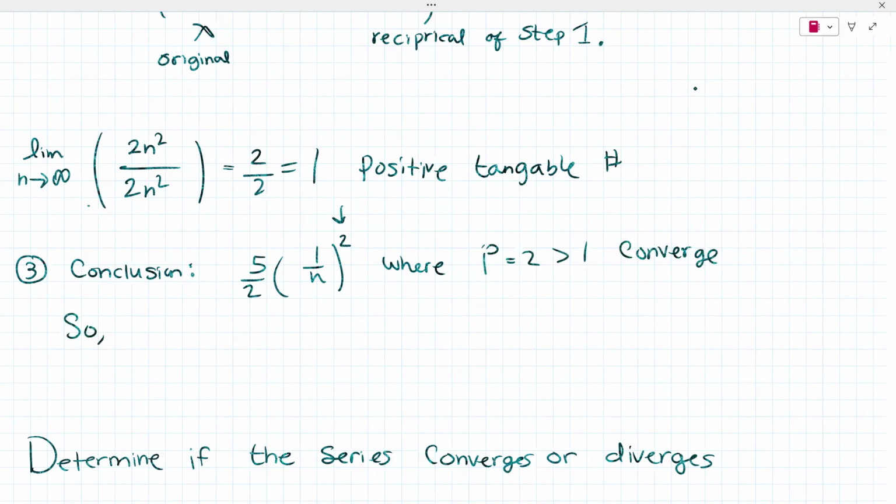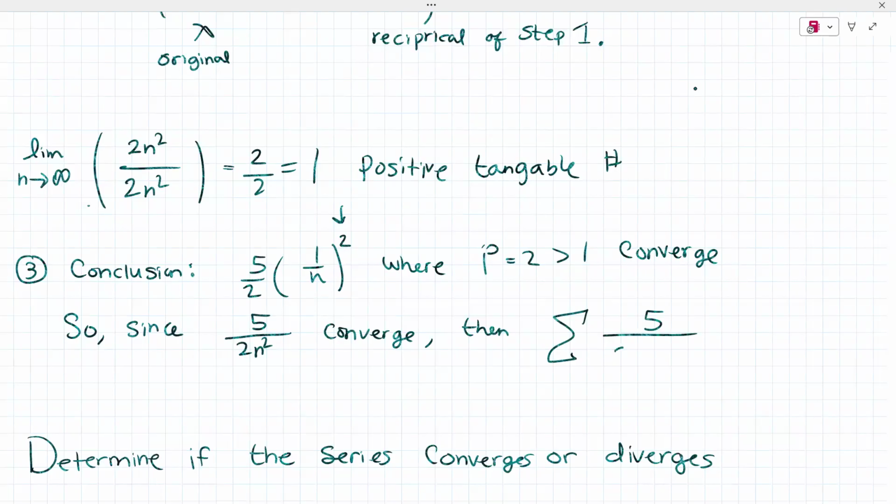So since the summation of 5 over 2n squared converges, then the summation of 5 over (2n squared plus 4n plus 3) also converges.